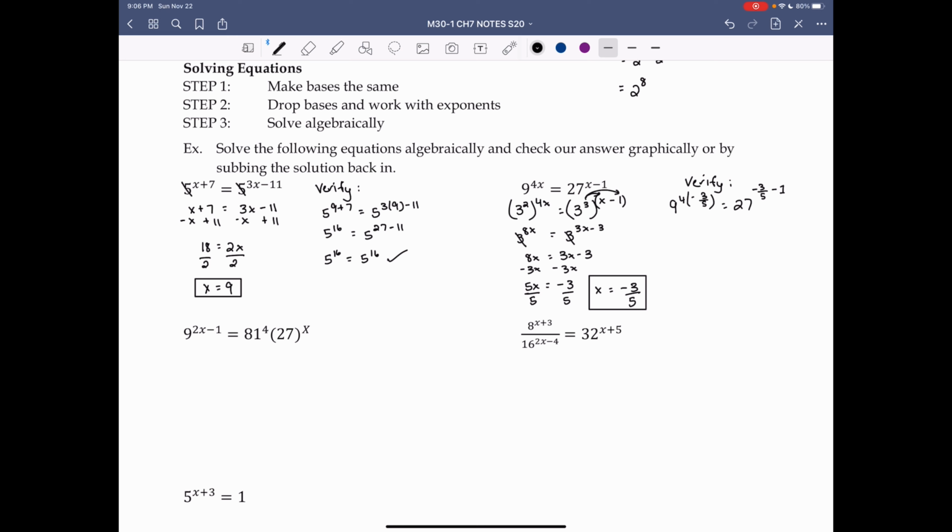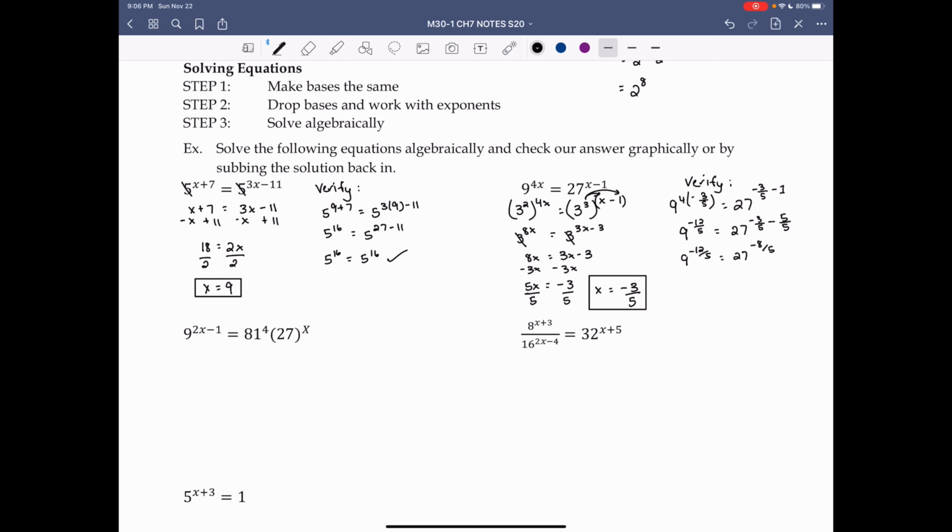That gives us 9 to the power of negative 12 over 5 equals 27 to the power of negative 3 over 5 minus 5 over 5, which gives us 9 to the power of negative 12 over 5 equals 27 to the power of negative 8 over 5.